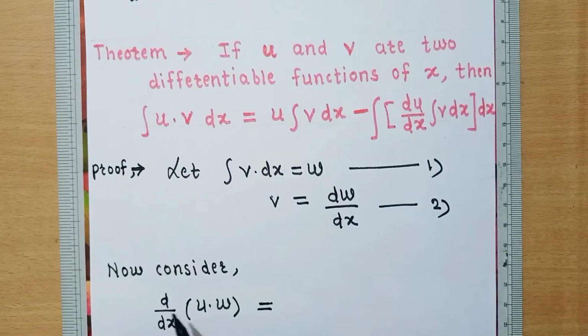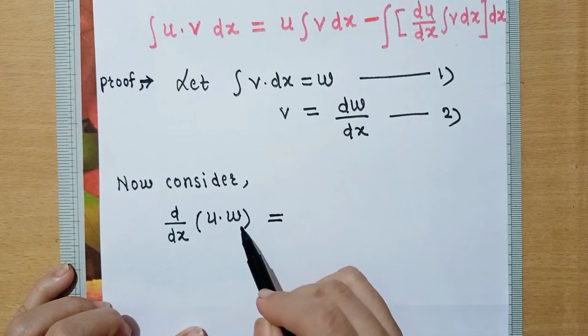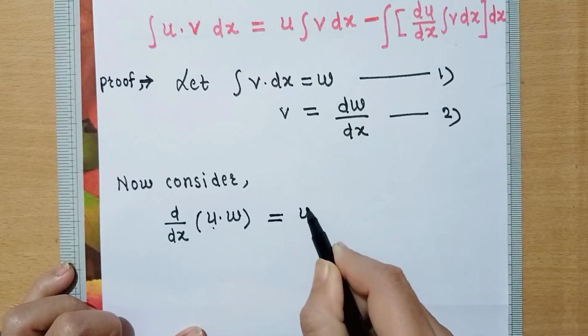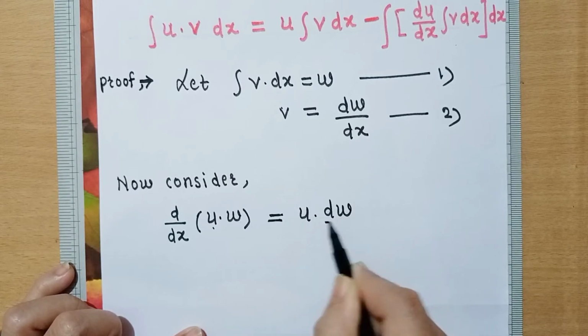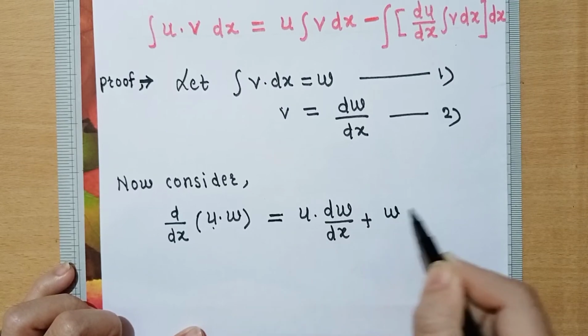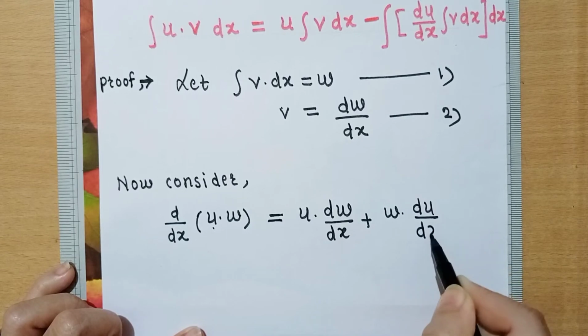Now consider d by dx of u dot w, a product of two functions. By the product rule, we write the first function as it is times dw by dx, plus the second function as it is times the derivative of the first, du by dx.